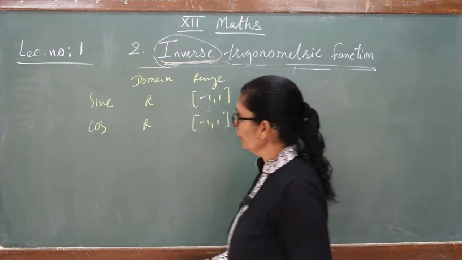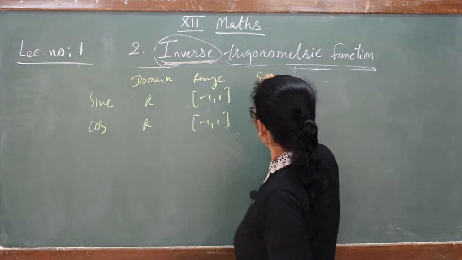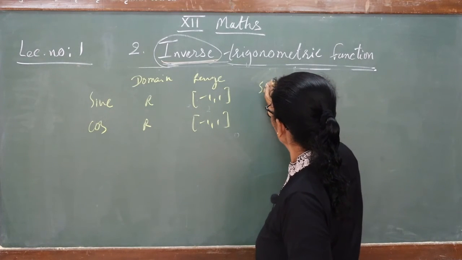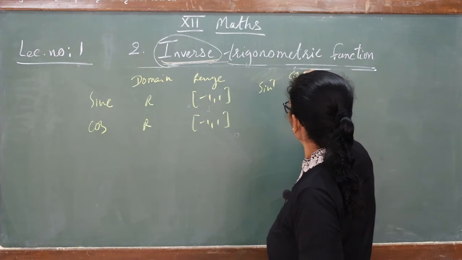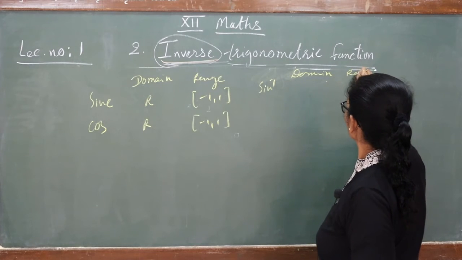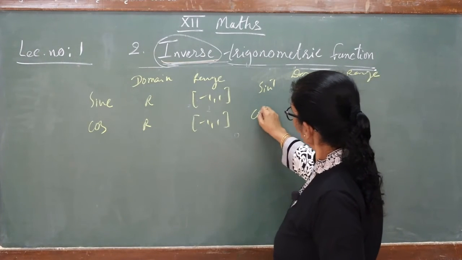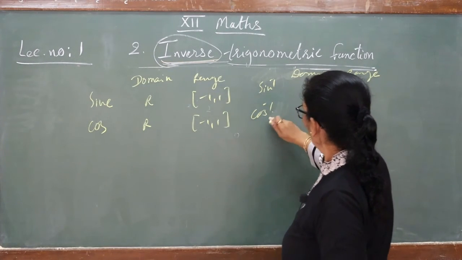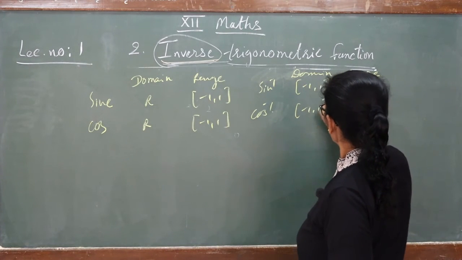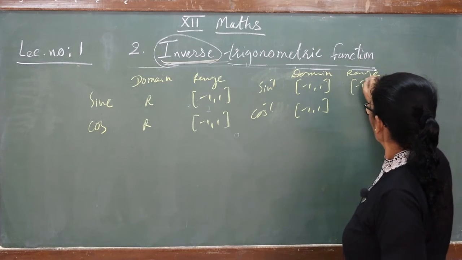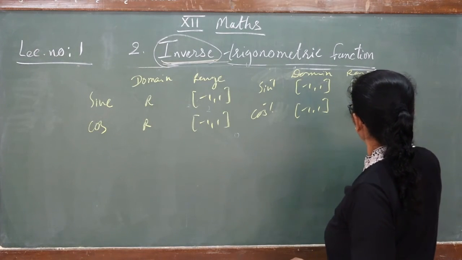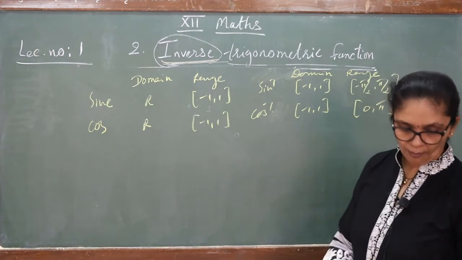Now we are writing for inverse. For sine inverse and cos inverse, the domain became minus 1 comma 1 for both, and the range will be minus pi by 2 to plus pi by 2 for sine, and for cos 0 comma pi.